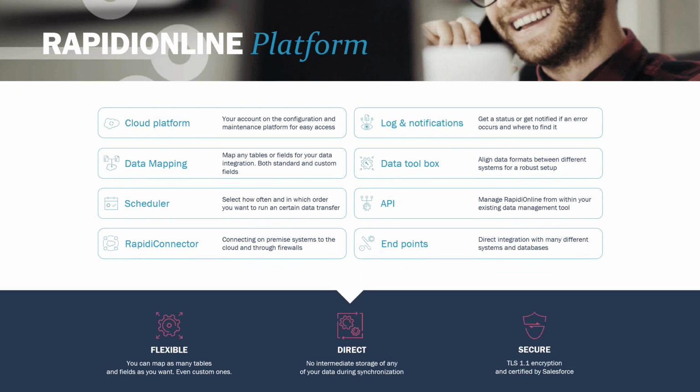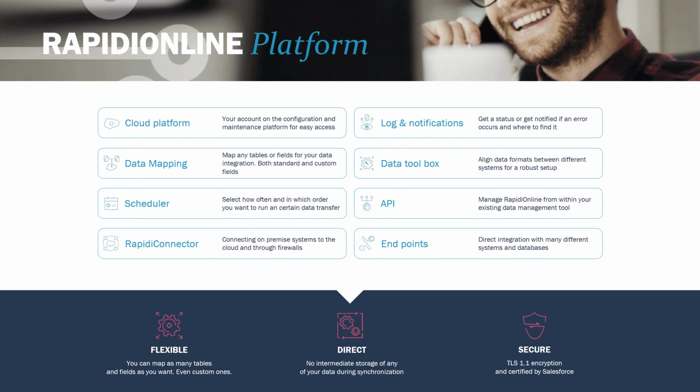We have a data toolbox, which is a very important part of RAPIDIONLINE. It is optimized for the Salesforce to Microsoft Dynamics integration, which means that we have a lot of functions and features, and also on our platform level, we have done a lot of tricks to optimize the integration so it runs according to the special needs of the different applications.